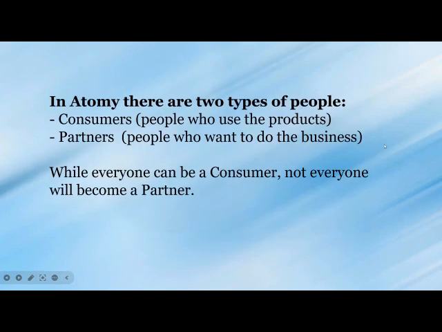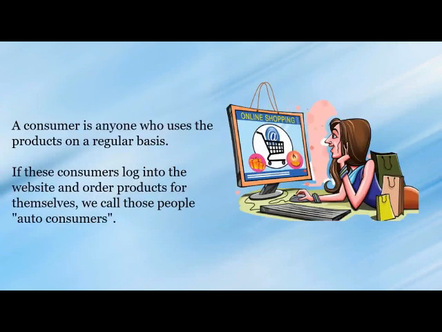Now, in Atomy, there are two different types of people. There's consumers. These are people who want to use the products. And then there are partners, people who want to do the business with you. While everyone can be a consumer, not everyone wants to do the business. Not everyone wants to earn commissions.